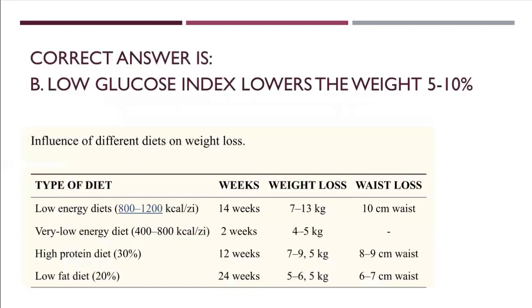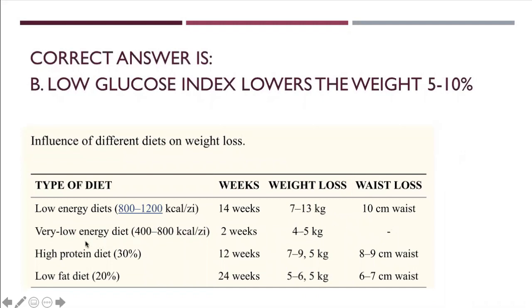Well, you can look it up. It's the low glycemic index that lowers the weight 5 to 10%. This was from an article that I looked up, comparing which one is the most effective for reduction of weight. If you use low energy diets, like 800 kilocalories, you would lose 7 to 13 kilos.